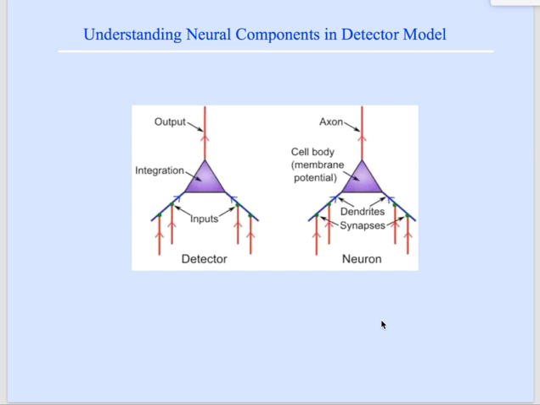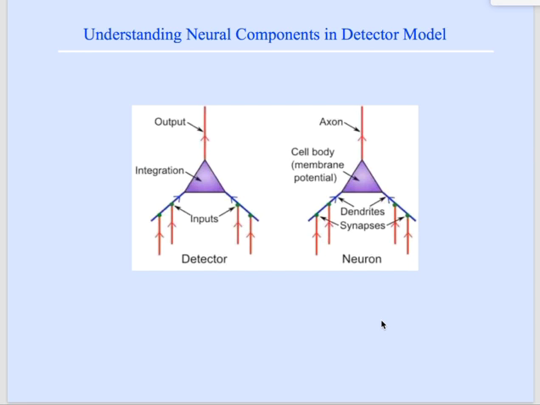Now, if you look on the other side, labeled neuron, you have these red lines that are coming in, which are the axons from other neurons. They then hit synapses. These synapses are on the dendrites. The axons send neurotransmitters across the synapses, which causes a current to flow on the other side in the dendrites.